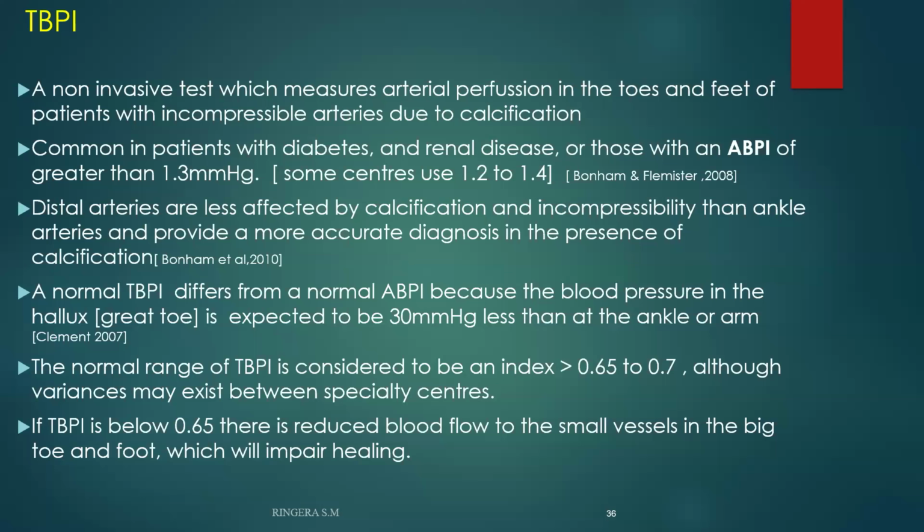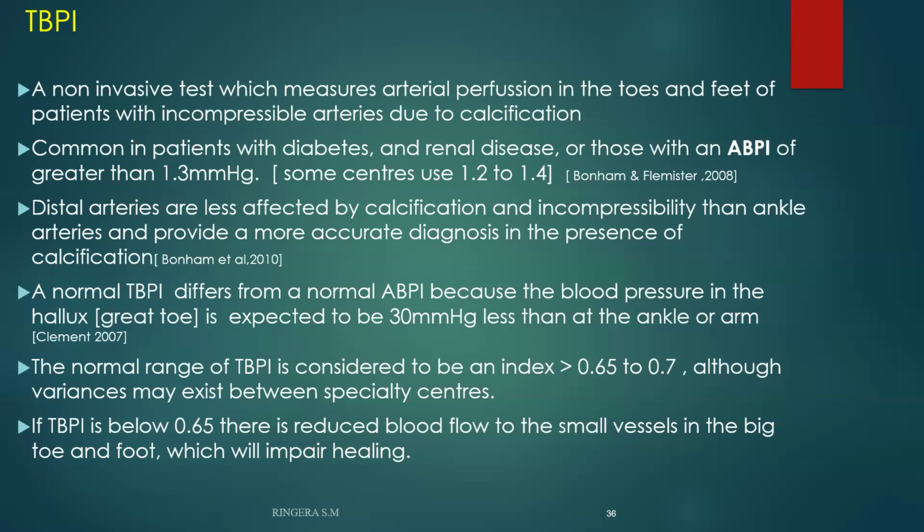So if you find that you are getting very high readings when you do your ABPI, then proceed to do a TBPI, which will give you very good, conclusive readings on whether you can save that patient's limb or not.